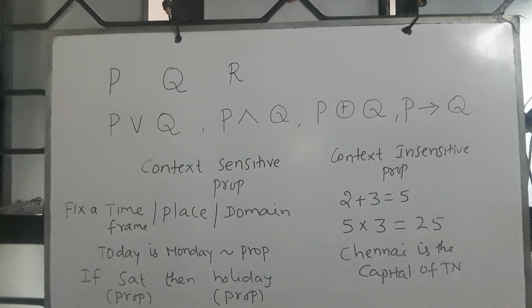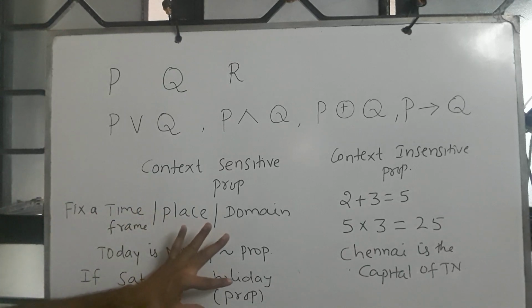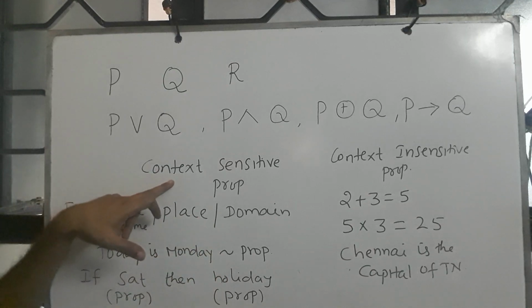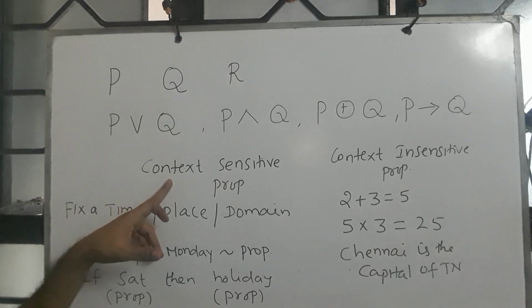This is something like if today is Saturday, then it is holiday, and equivalently if Saturday then holiday. So this has to be a proposition, this has to be a proposition, only then one can talk about the truth value of the statement if Saturday then holiday, or if P then Q. So we implicitly assumed this is a proposition under a specific context.